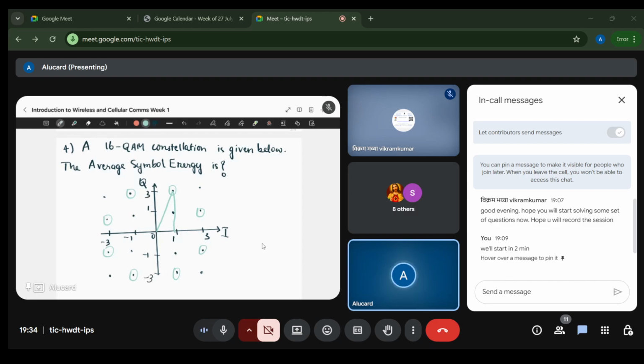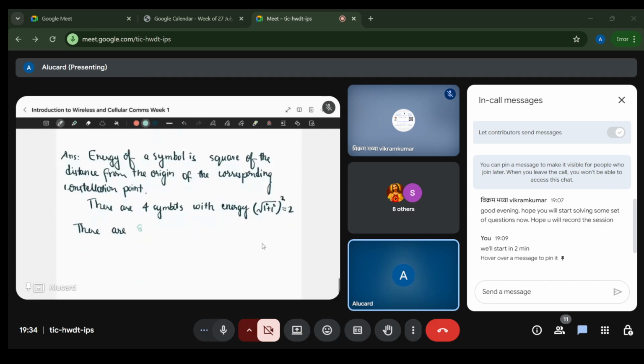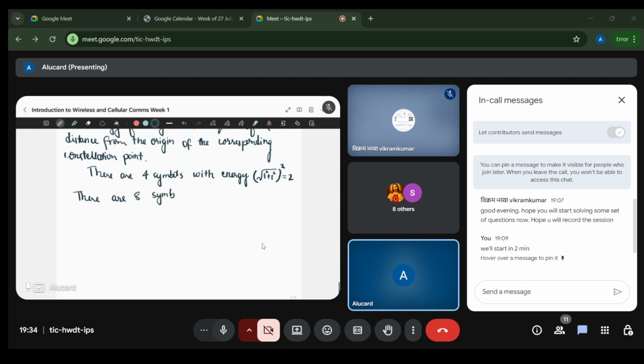So their distance is square root of 3 square plus 1 square, and that squared is just 3 square plus 1 square, which is 9 plus 1, 10. So there are 8 symbols with energy root of 1 square plus 3 square, whole squared, which is 10.